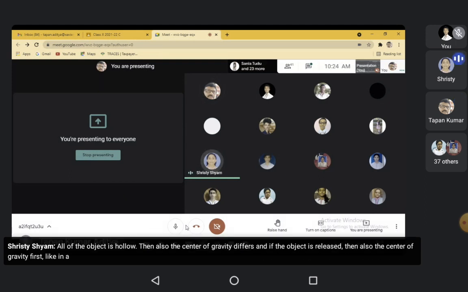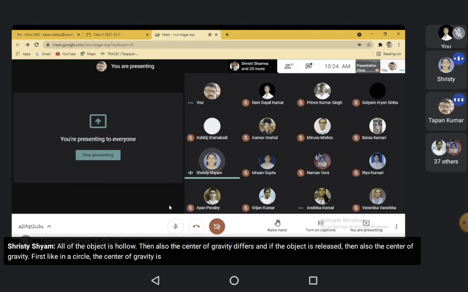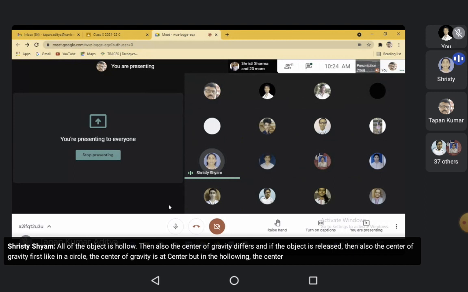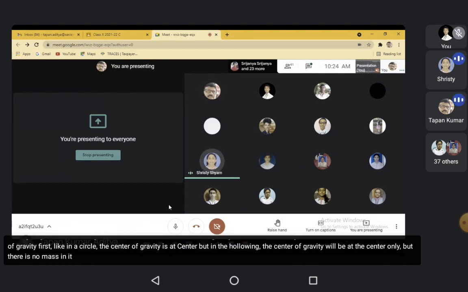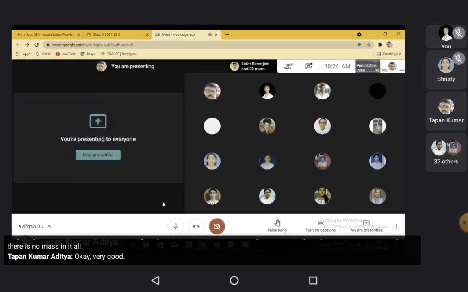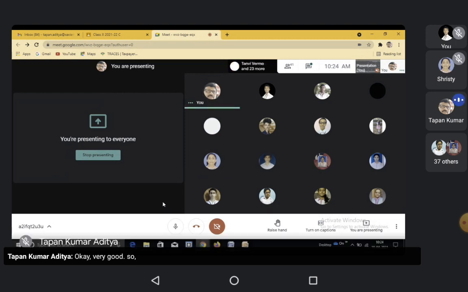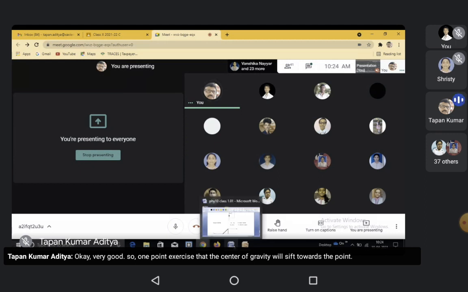Like in a circle, the center of gravity is at the center, and in a hollow ring, the center of gravity will be at the center only, but there is no mass in it as it is hollow. Okay, very good.